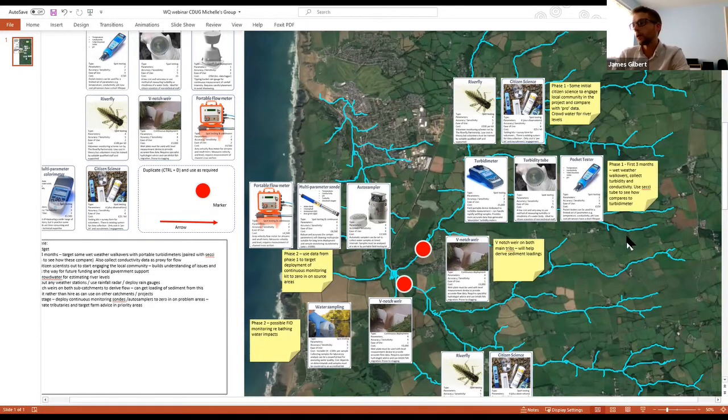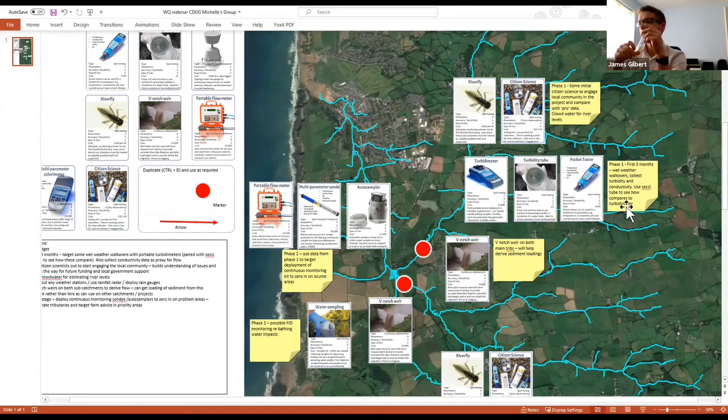And broadly speaking, our approaches are roughly similar to the two that have already been presented. First, again, we're having a phased approach, and the first phase is very similar to the approach that Mark presented.